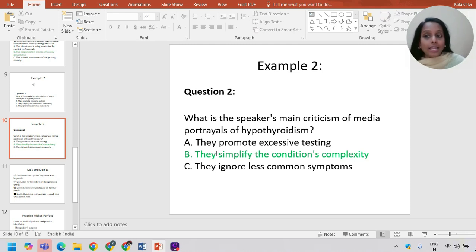Got it? Option B is correct because the speaker calls it oversimplification, and this leads to other issues like overtesting. So the speaker's main criticism of media portrayals of hypothyroidism is that they simplify the condition's complexity.